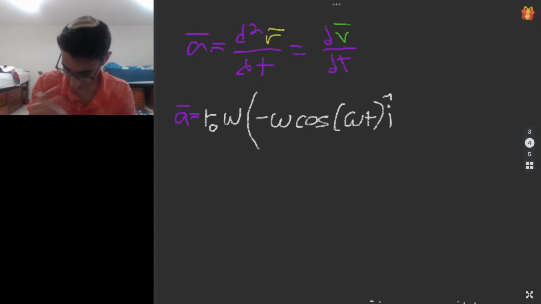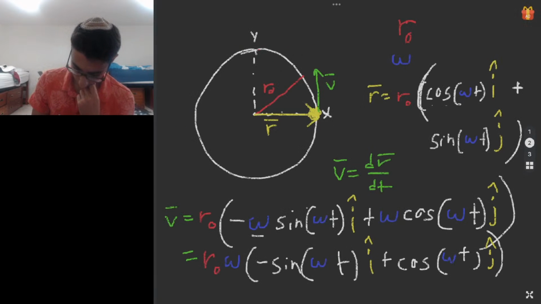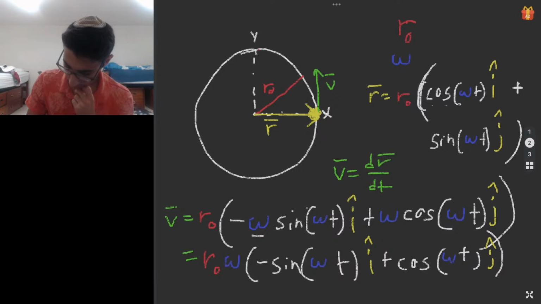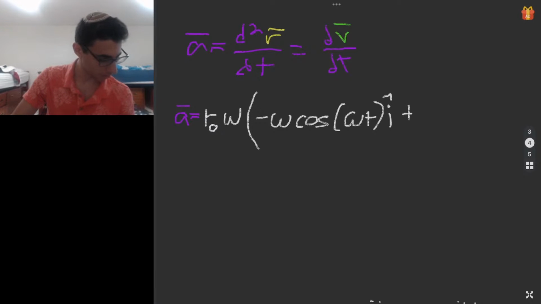So now cosine is back to I hat. This makes sense because we bring the omega out, we change the negative sine to a negative cosine, and whatever is left stays the same, and the I hat is just sort of there. So that's cool.